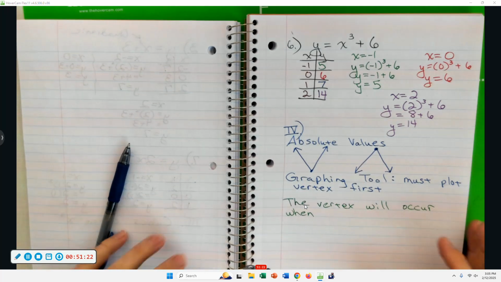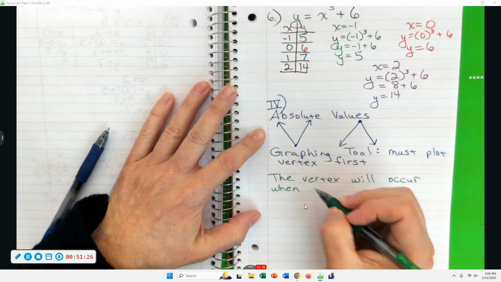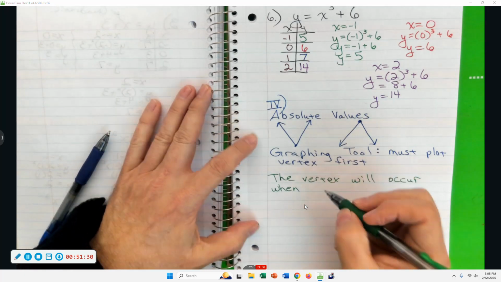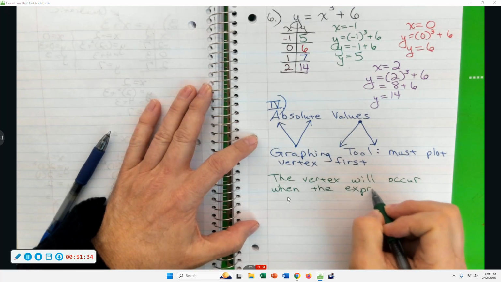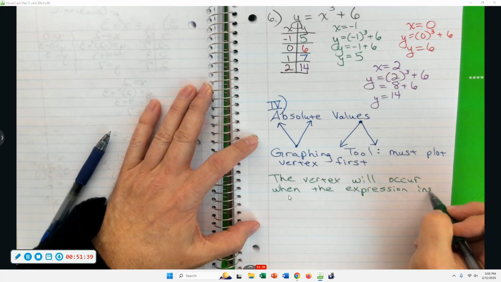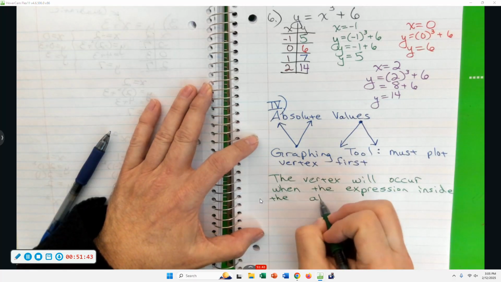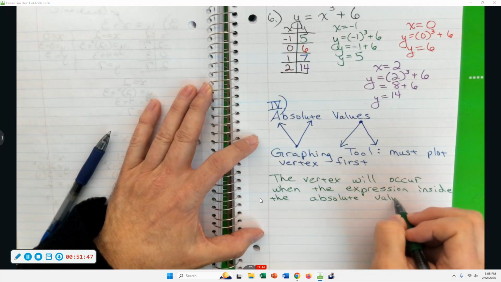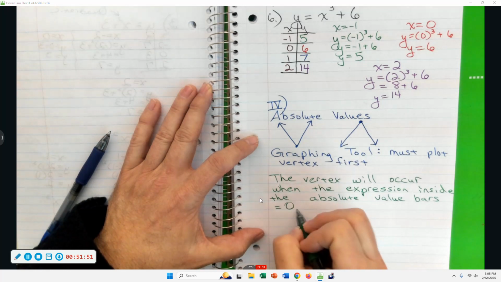I better say the vertex will occur when the expression inside the absolute value bars is equal to 0. That sounds absolute better, that sounds fancier, right? I should have just said stuff.